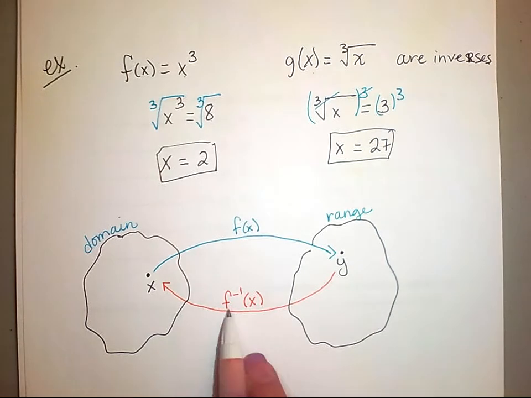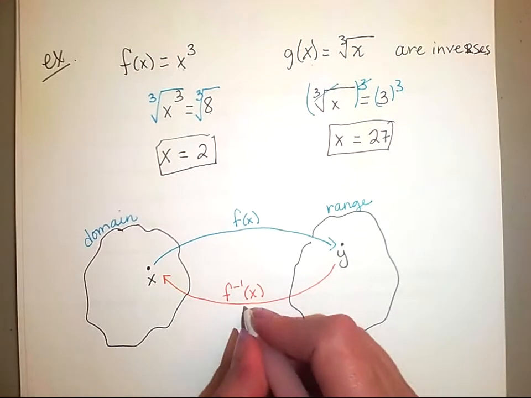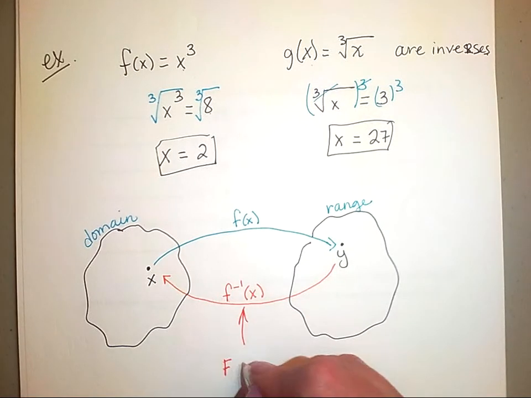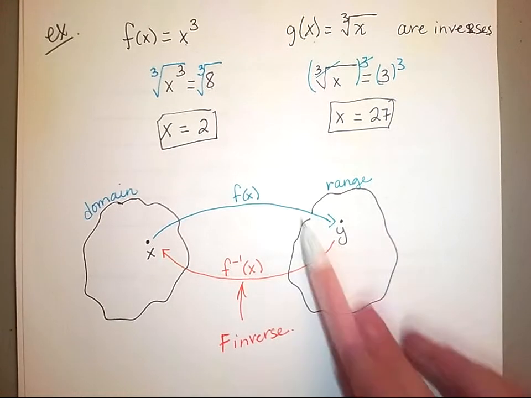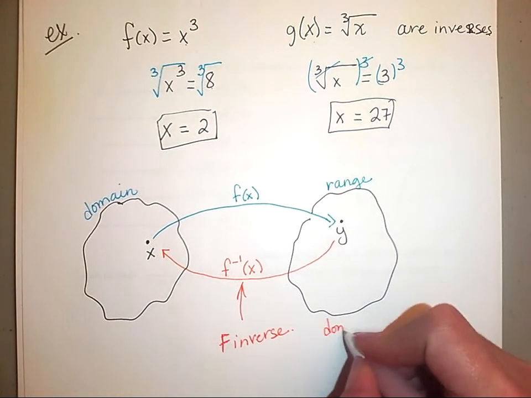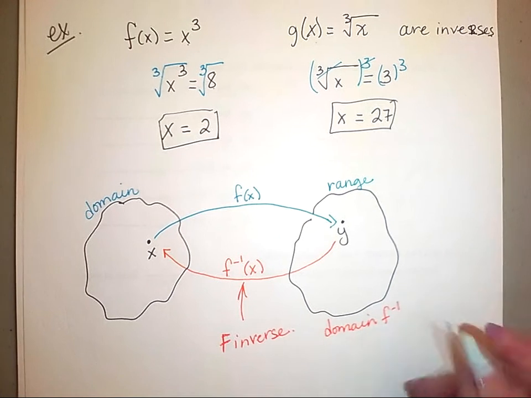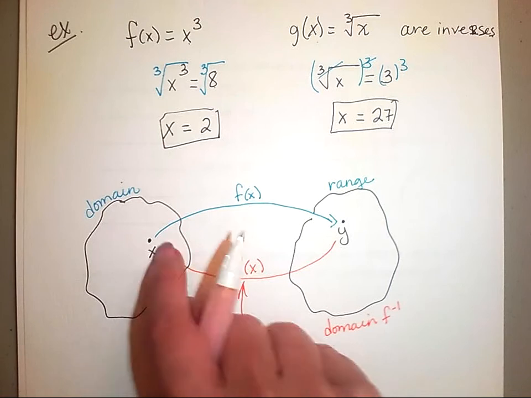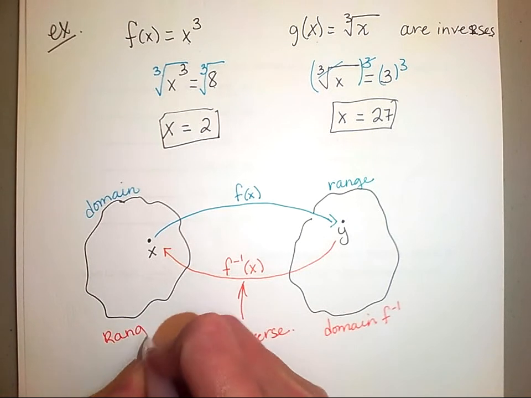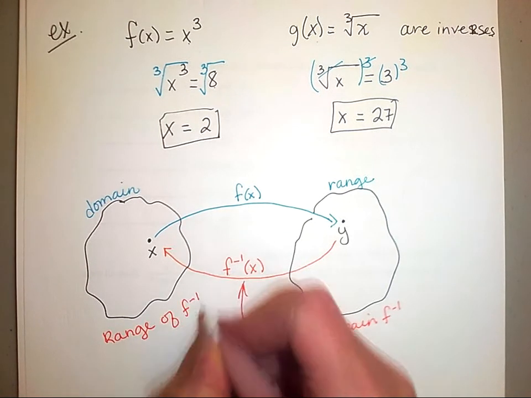This is the notation for f inverse. Now, when we think about it that way, this group of numbers here now represents the domain of f inverse, and what comes out gets us back to our original x, and therefore this is the range of f inverse.